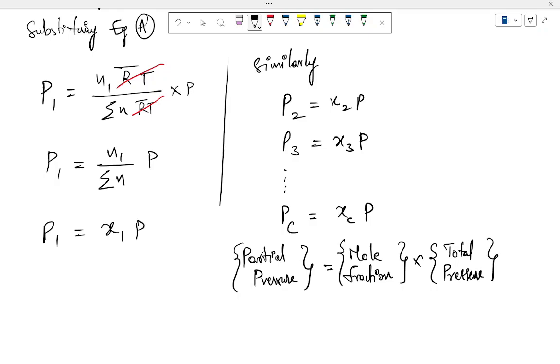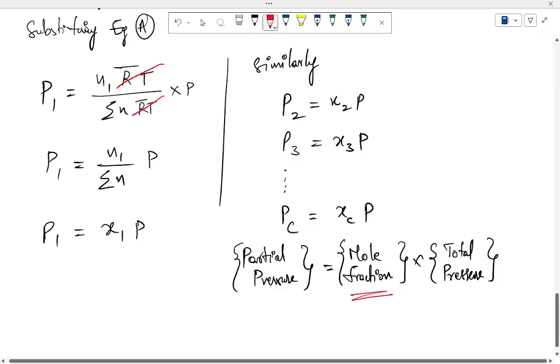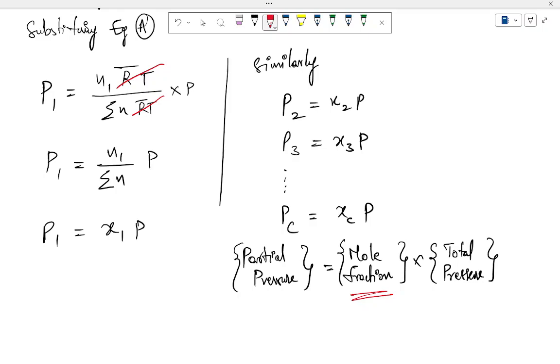That's how your mole fraction will be helpful to you in calculating the partial pressure. That's the use of your mole fraction.